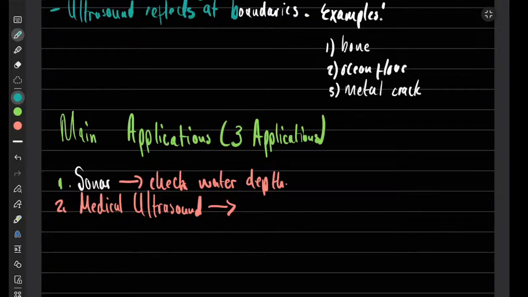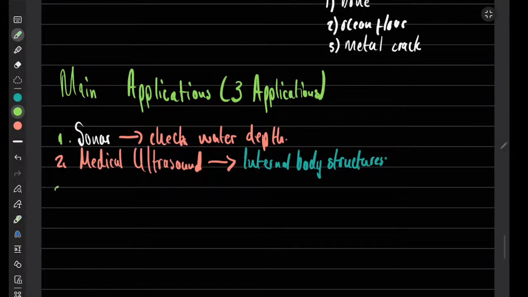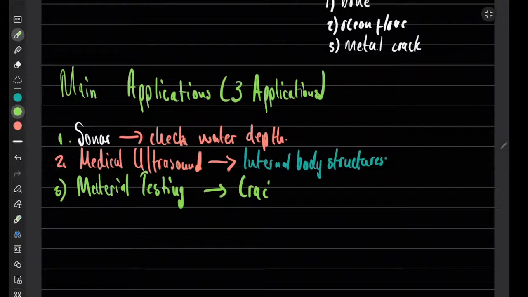I'll tell you why we can use it in medicine. So, medical ultrasound checks internal body structures. Then it can also be used in what we call material testing. It checks cracks inside a metal.